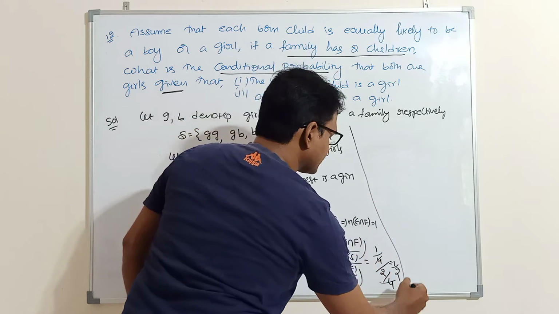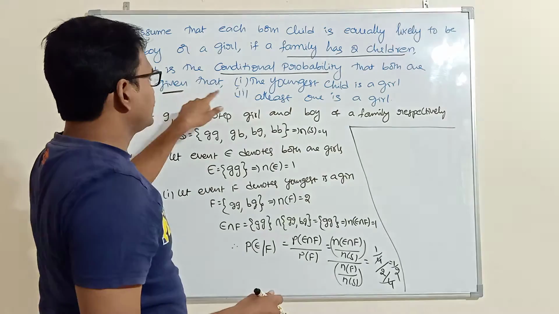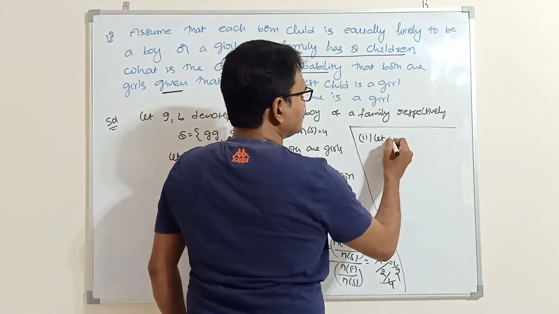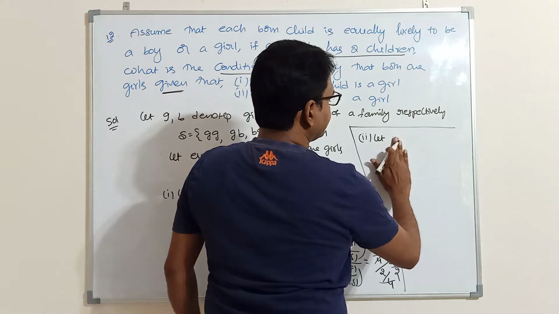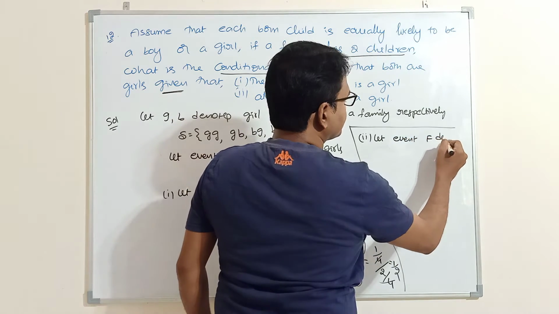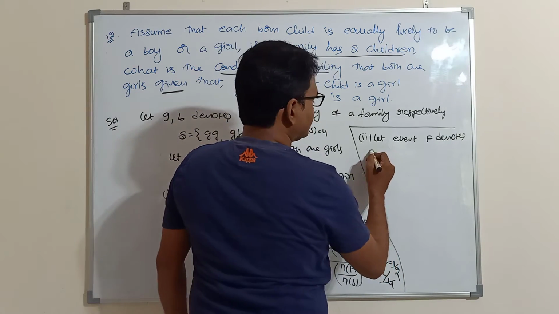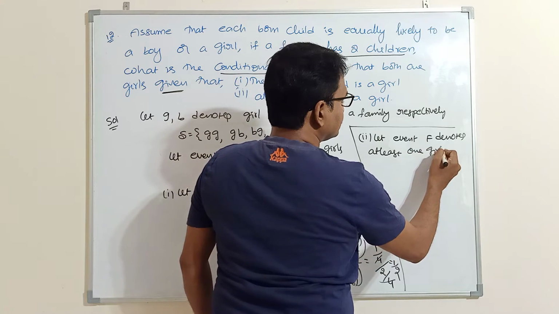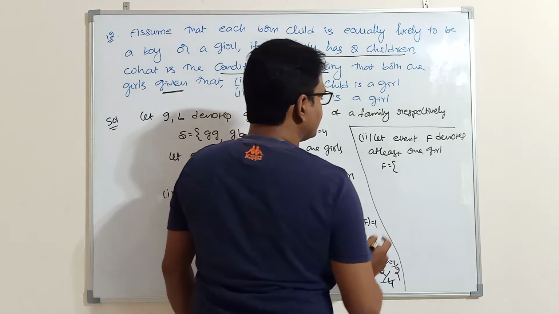Next, the second question. After the given, the second question is at least one girl. Let, in the second question, event F denote at least one girl. Then what is F? At least one means minimum one.